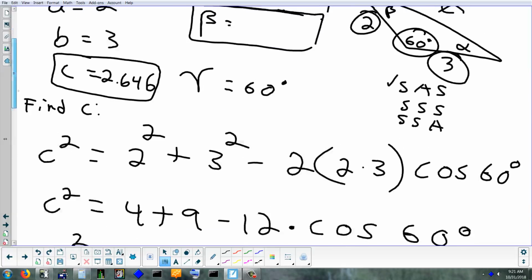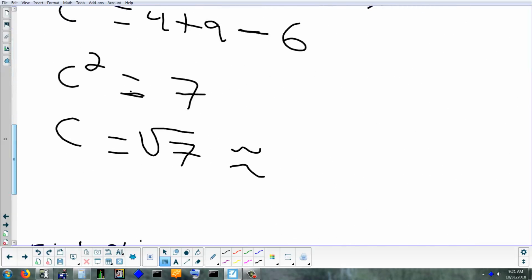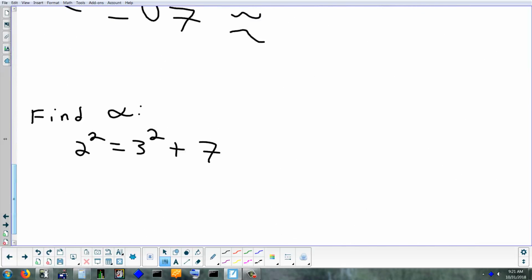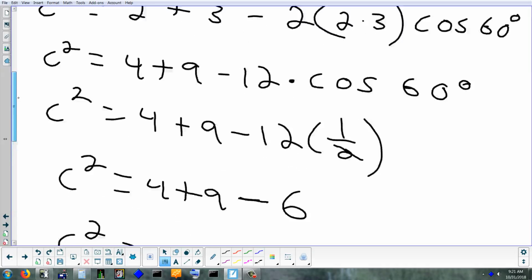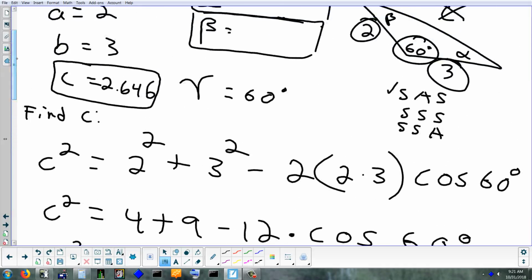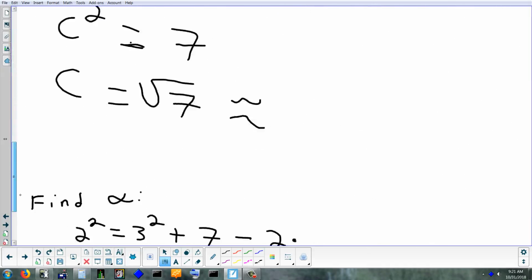Just take the exact answer. You have it right there. c squared is 7. So a squared equals b squared plus c squared minus 2 times b times c. So I need b times c. I'm going to need a calculator in a second to do that. So b times c, 3 times 2.646.